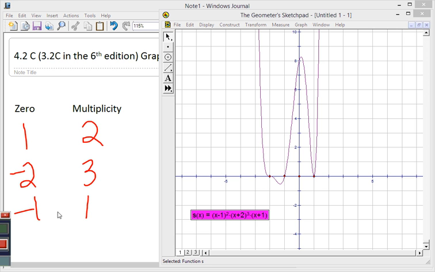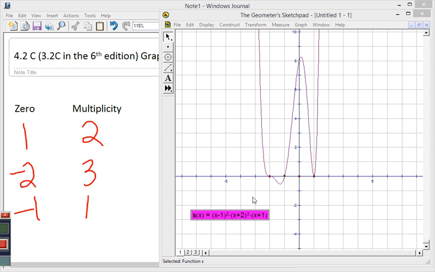Okay, so this is kind of how our graph looks. Now we said it had degree 6. And you notice over here that if we add up these multiplicities, it adds up to 6. And so we can still keep track of how many zeros we've accounted for. It should still add up to the degree of our polynomial.